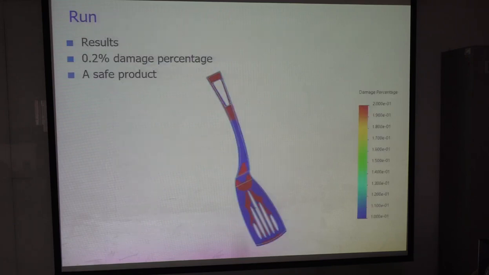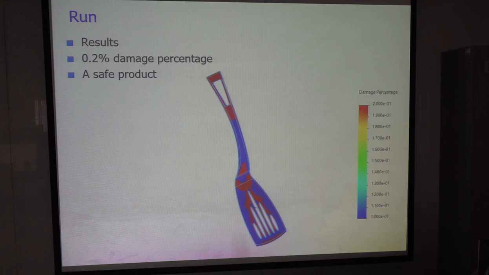So we run the simulation, and the result is, say, percentage of damage due to fatigue. So the red spot represents the highest percentage. It's very small, 0.2% of damage.